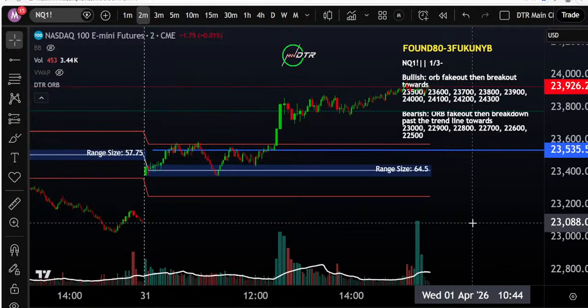In our context, a setup is an opening range breakout, a reversal or a breakout through the high of day or low of day. So those are our four setup triggers: a failed breakout reversal, a breakout above the opening range, or a breakout through high of day or low of day.